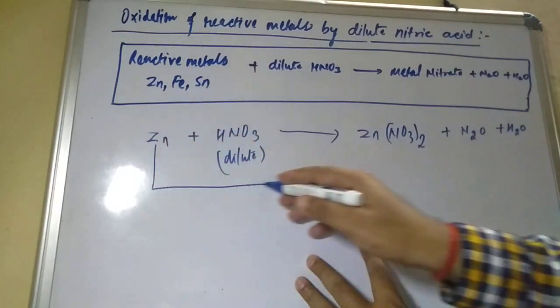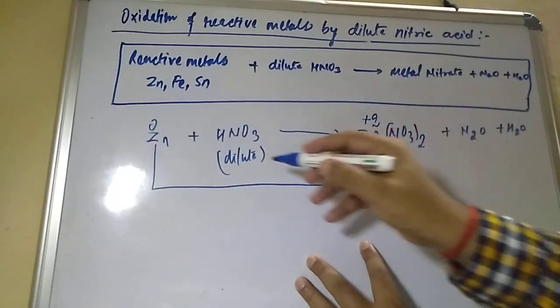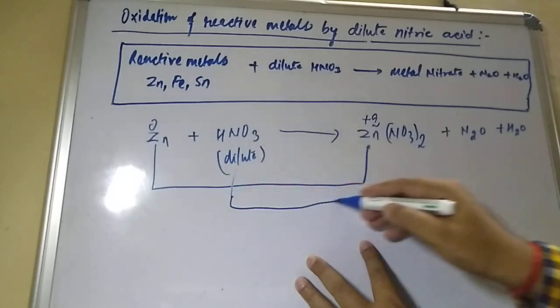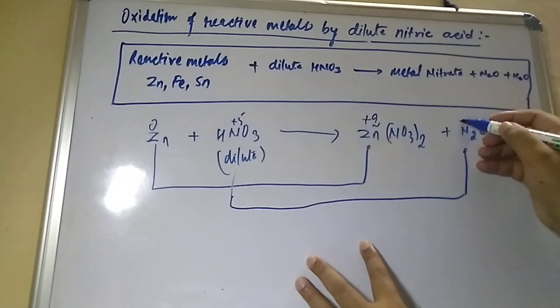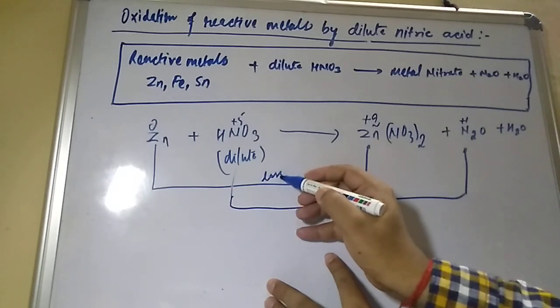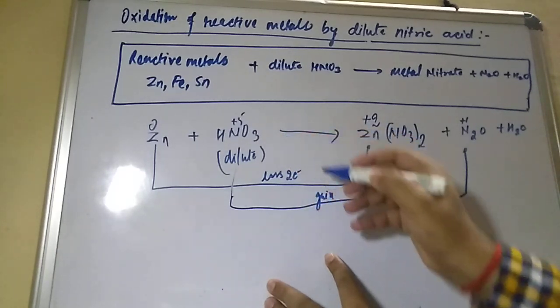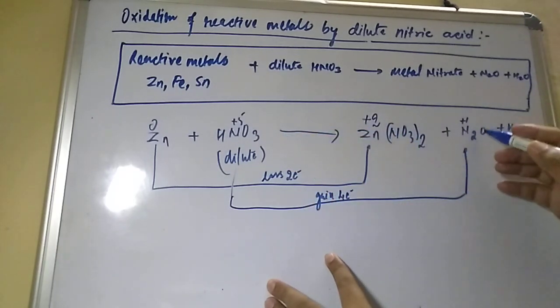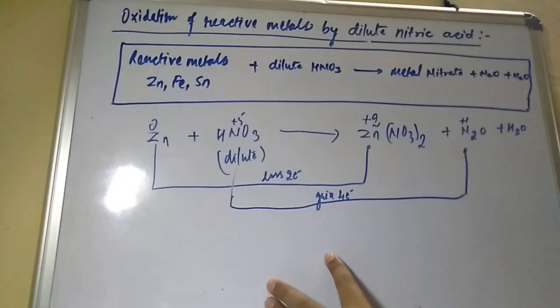In zinc, the oxidation state changes from 0 to +2. For nitrogen in nitric acid, it is +5 and it is converting into +1. So zinc loses 2 electrons, and nitrogen gains 4 electrons. We balance this loss and gain of electrons so they are the same.